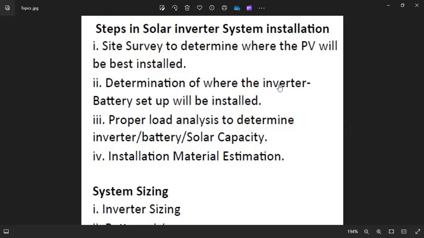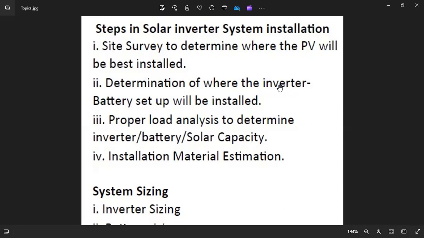What you'll do is ensure that you make your own solar stand in such a way that it is south facing, and the inclination angle should tally with the latitude of where you are installing it.